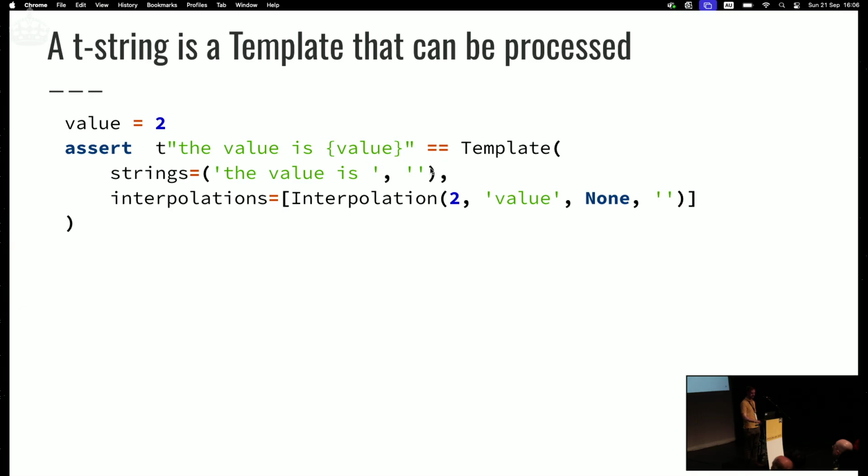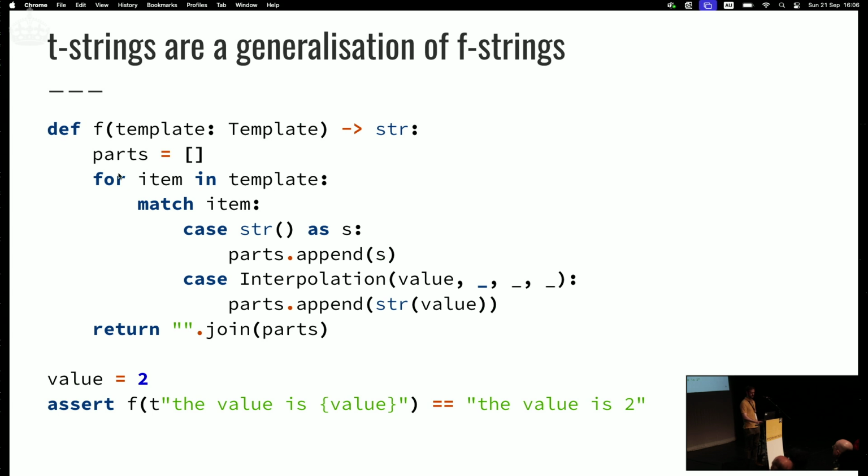You always get strings either side. So in this example, I iterate over the template, I can just add the string parts directly to my result, and then for the interpolations, I can just convert them to a string and add them to the parts, and finally join it all together at the end.